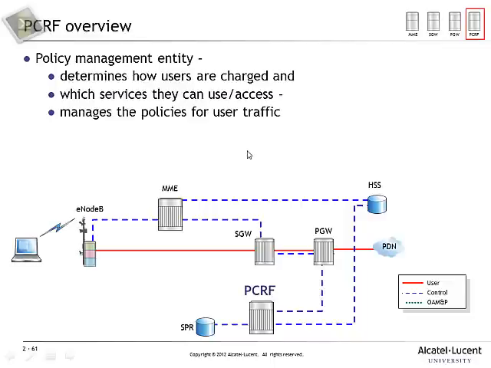And the next aspect is managing policies for user traffic. When we have millions of users whose packets are coming, do we give priority for certain users over others? Well, it all depends on your subscription. If you're a corporate subscriber who's paying more for your service, obviously your packets go through first.